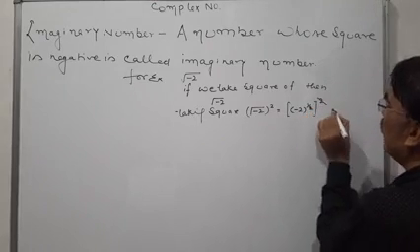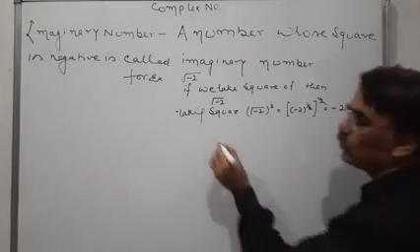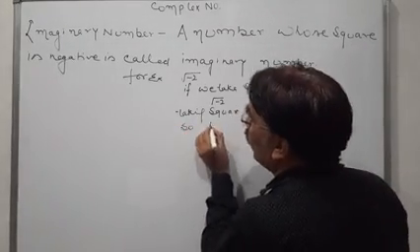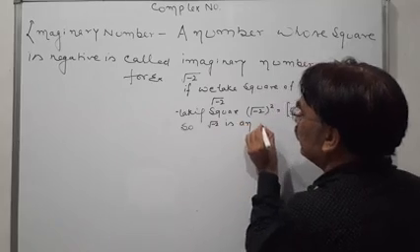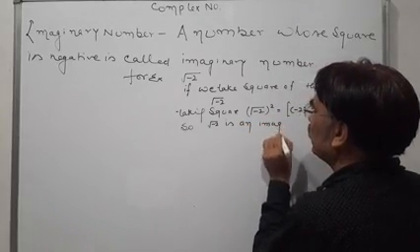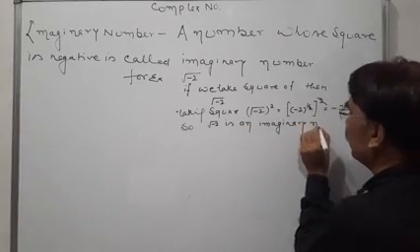It will cancel out and we get the value minus 2. So under root minus 2 is an imaginary number.